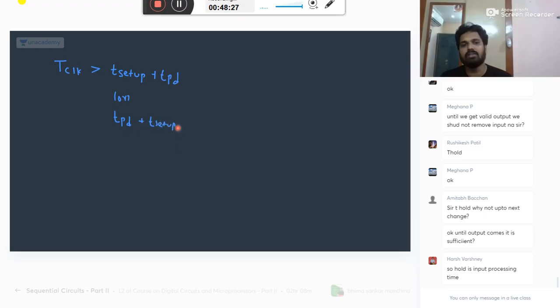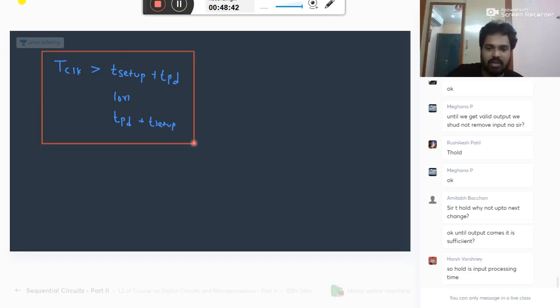Once you apply the clock, you wait until you get the output. Then you should wait to read the next input, and then you can apply the clock. This is an important relation, which we will discuss again later. For the time being, I have given this. We will prove these conditions later.